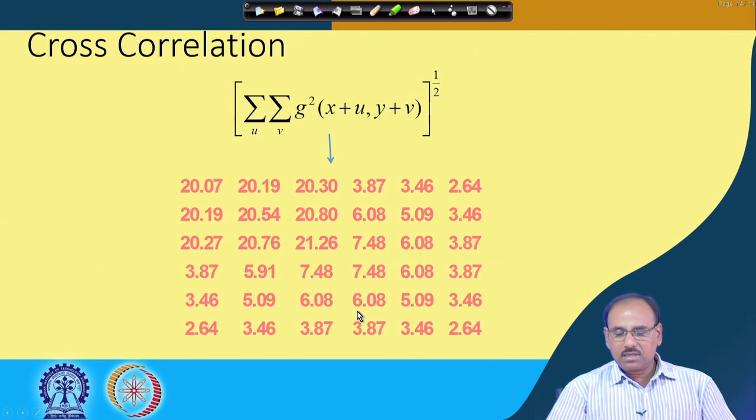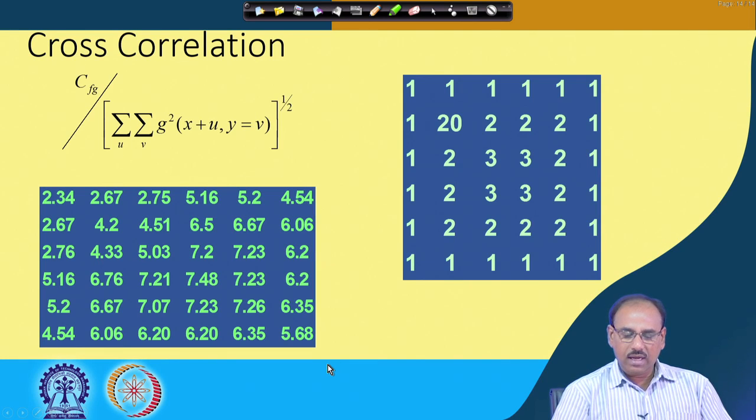For the given image, if I compute this g squared of (x plus u, y plus v), take the summation over u and v, and then the square root of this, this is the matrix that you get. Now if I normalize the computed cross correlation with this normalization factor, what I get is the normalized cross correlation matrix.